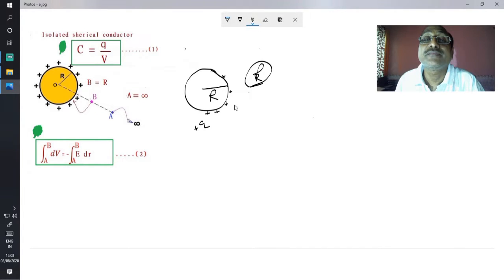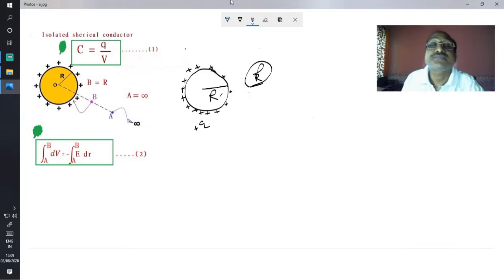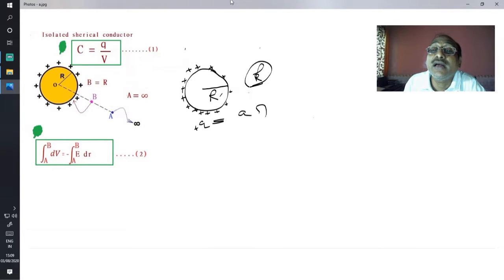will be distributed uniformly over its outer surface. It is an isolated spherical conductor.